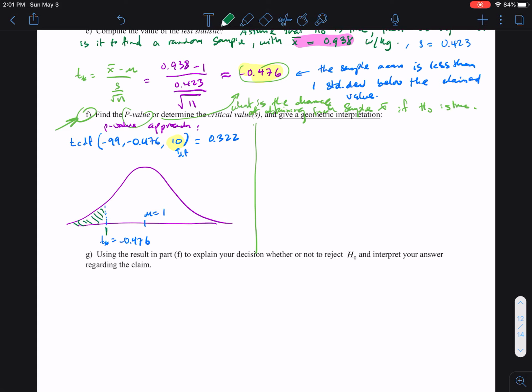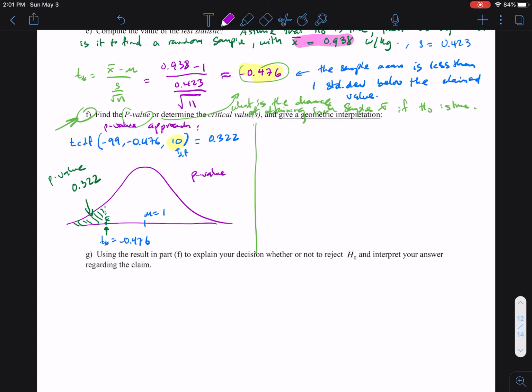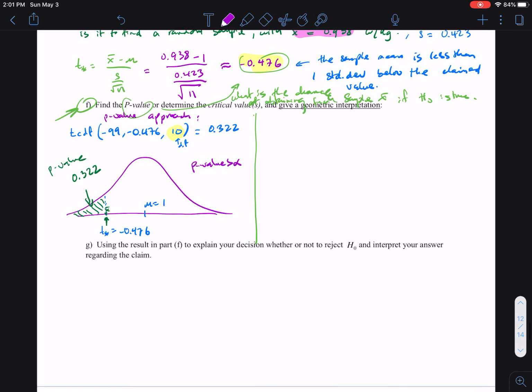This test statistic is where x bar is. So the chance of that is around 32%. That's the p-value. And then we make a note that the p-value is greater than alpha, the significance level. So that's the p-value approach.